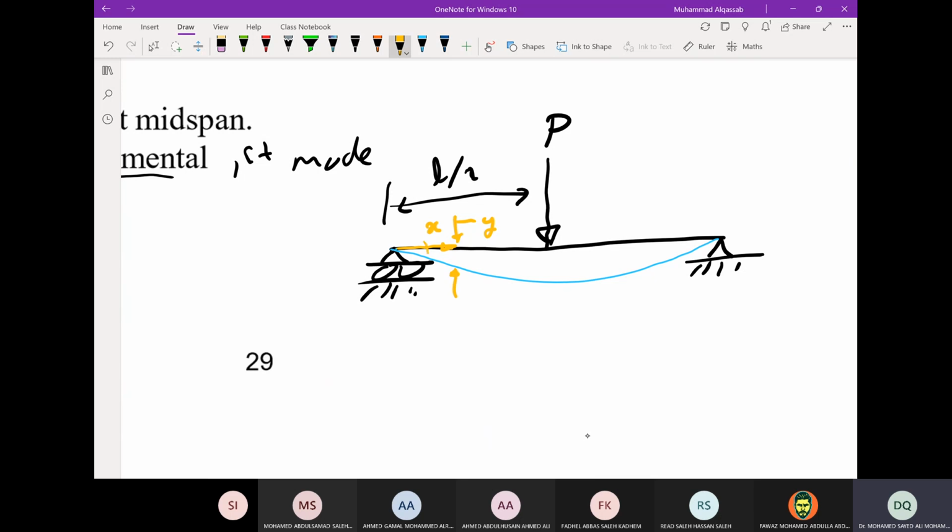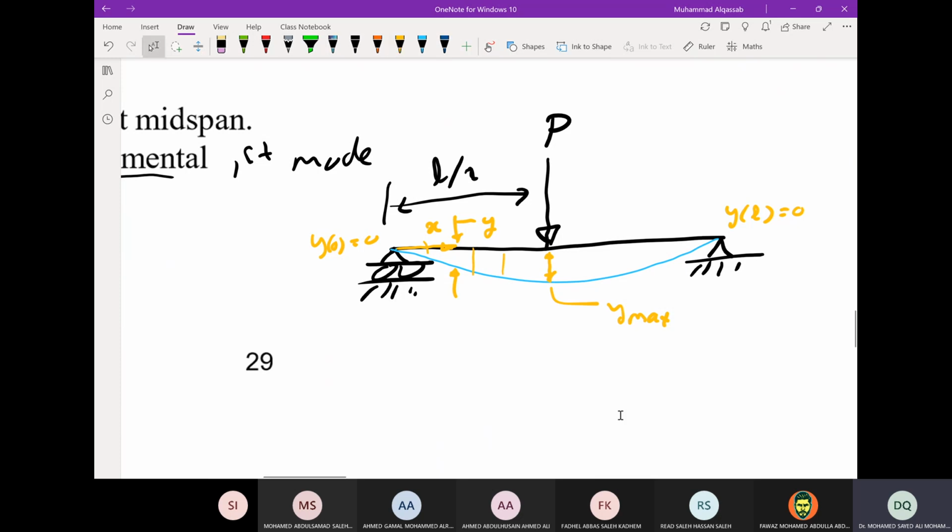Y is changing along the beam, and its maximum for this case occurs at midspan. So here is Y maximum. At X equal to 0, Y is 0, and when X equals L, Y is also 0.